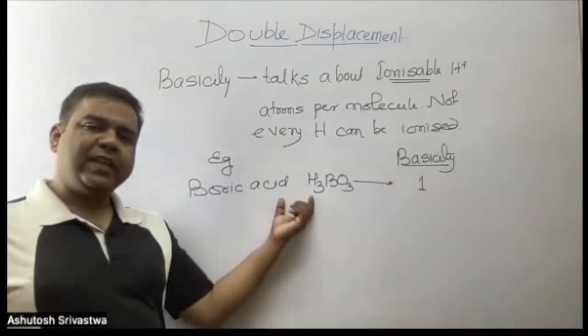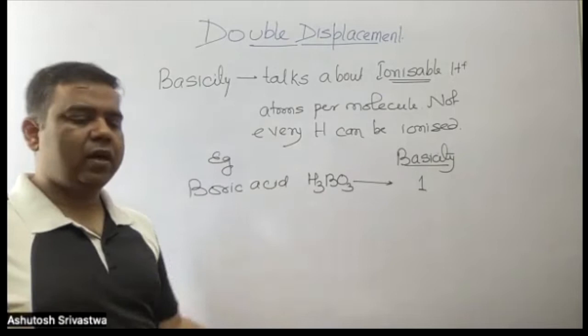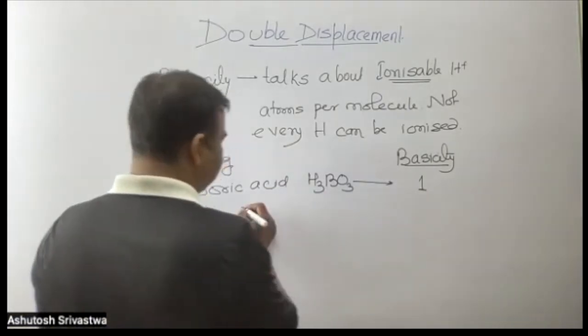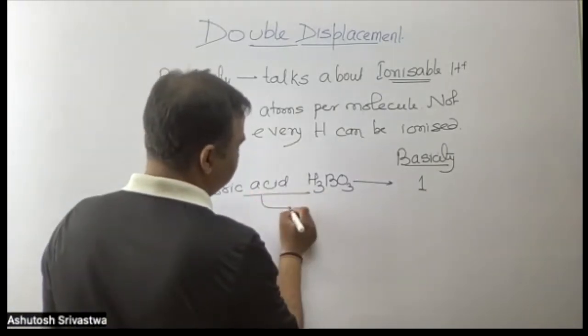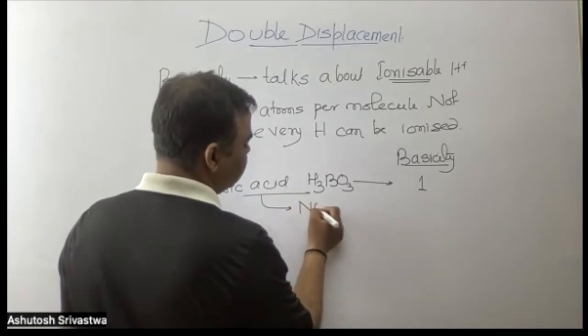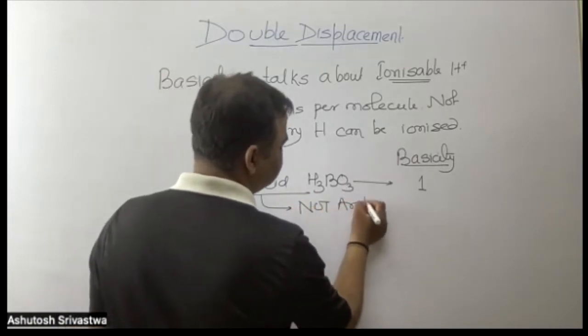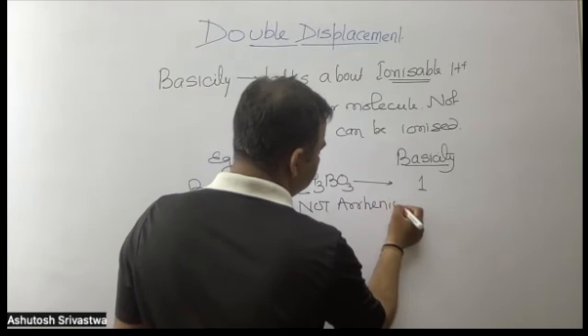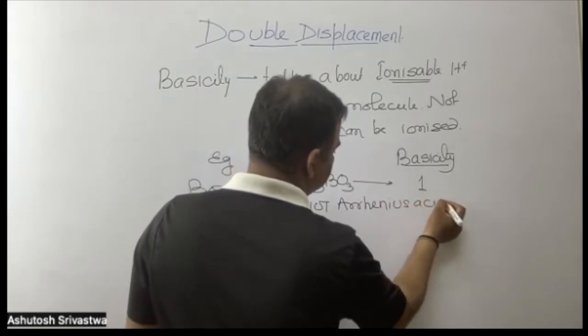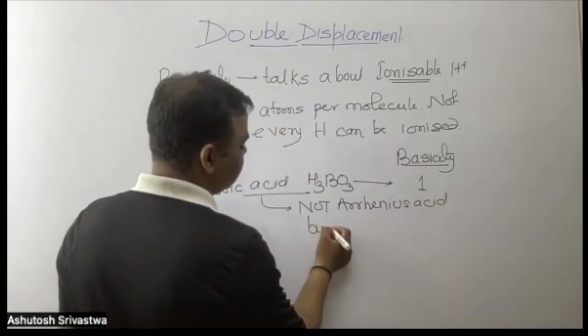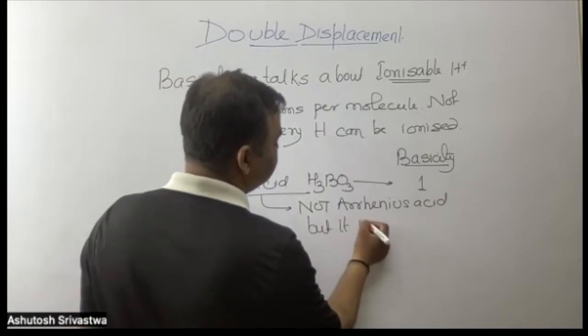Even that H is coming from water, not from the acid itself. So boric acid is particularly not an Arrhenius acid, but it is a Lewis acid.